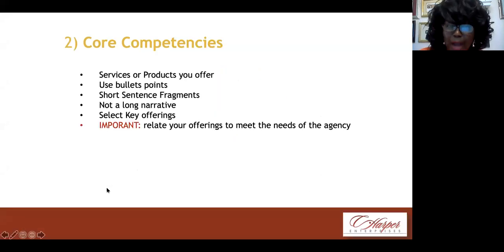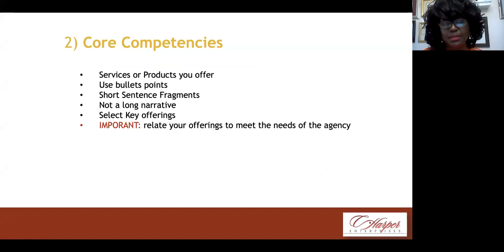The second thing is your core competencies. Remember, I said at the center of you, what are the services or the products that you offer? Use bullet points so they can look at it quickly, glance down at it. And even if you're talking about it while they're reading, you recite it. You need to understand everything on your capability statement and what you've done.